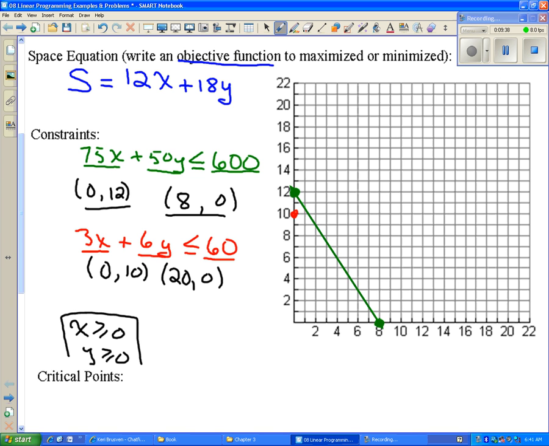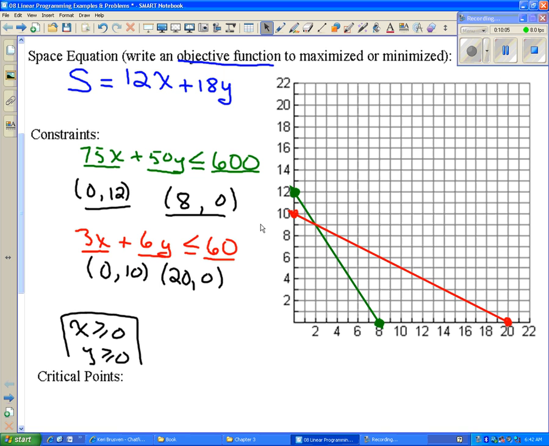My x-intercept is 20, 0. I want a red line. There's my red line. And that's what my problem looks like. Let me make that a little better line, like that.